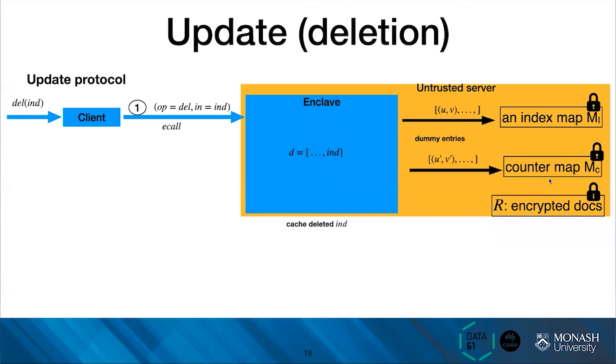To delete a document, the client can directly provide the identifier of that document to the enclave, and the enclave can cache it. Here, the enclave also needs to add dummy entries into the oblivious maps as well.